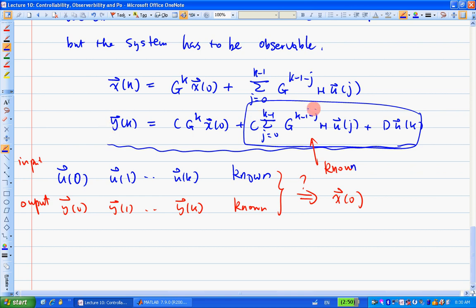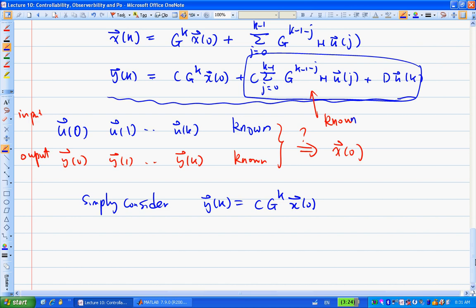If this is known, let's just consider this equal to this. So we can simply consider this y of k equal to C G^k x of k here.